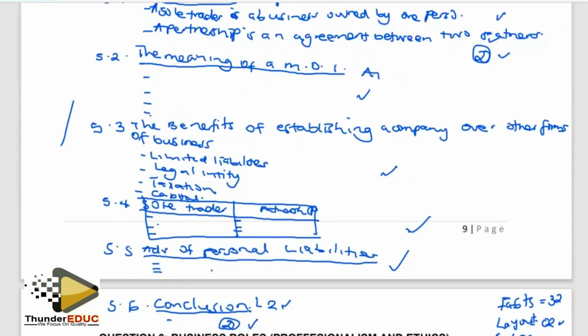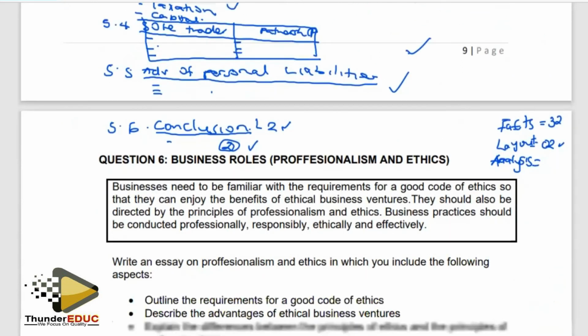When you said the benefits of establishing the company over other forms, we are analyzing the question of explaining the benefits like that. So analysis gives us 2 marks, which were awarded for the first question that was analyzed up to the second one.